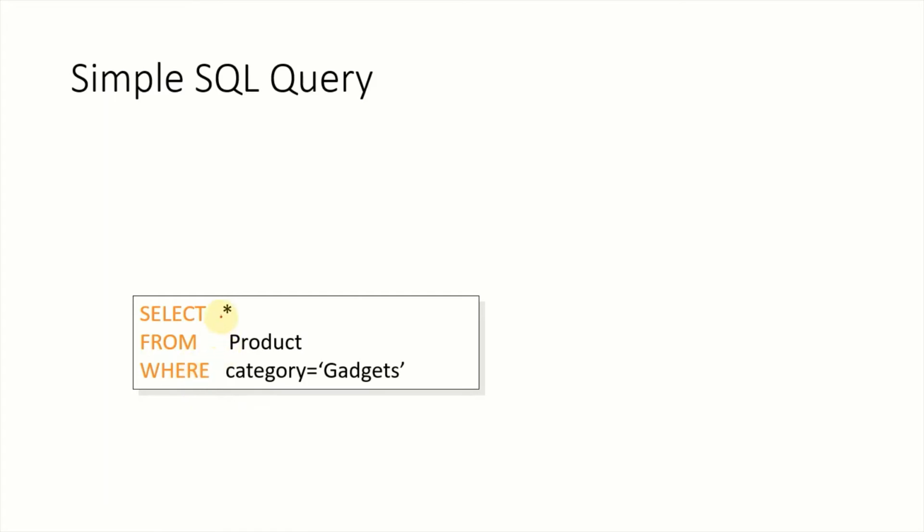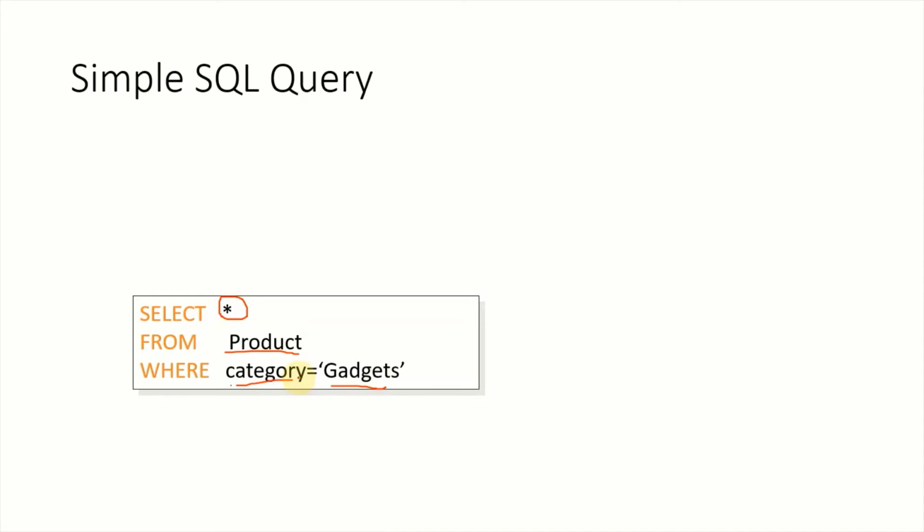I'm selecting all the attributes from a table named product and having a condition that category must be equal to gadgets. Category is the attribute name in the product table and gadgets would be a value in the category.